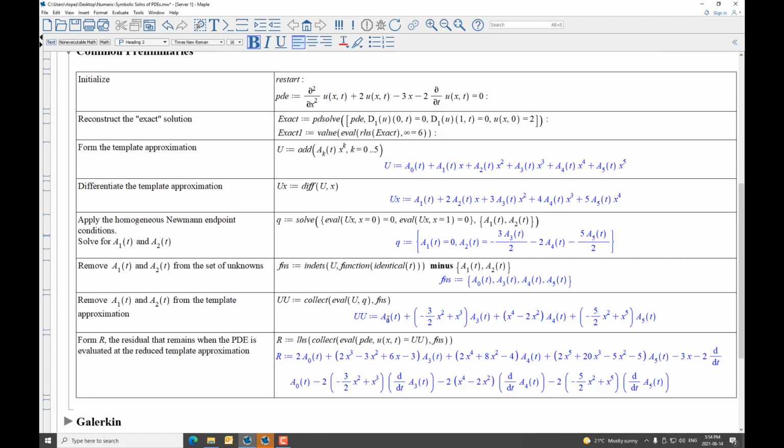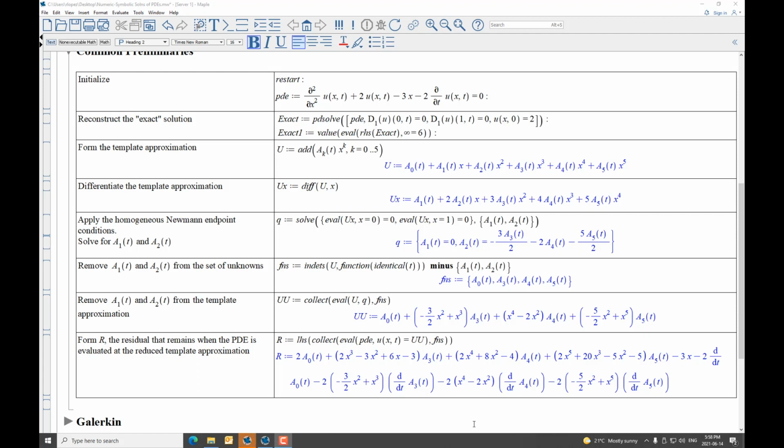It contains a0, 3, 4, and 5. That's what's used to generate the residual by putting that into the differential equation. And notice that the residual now contains the unknown functions a_k(t) and their derivatives.